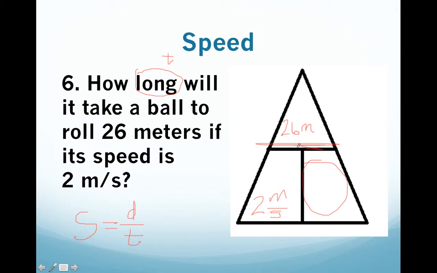Again, I see it right here. Distance is on top, and I'm going to divide it by my speed. So 26 divided by 2, take half of 26, I get 13, and my unit for that one would be a second. Okay, so it's a matter of plugging it in.